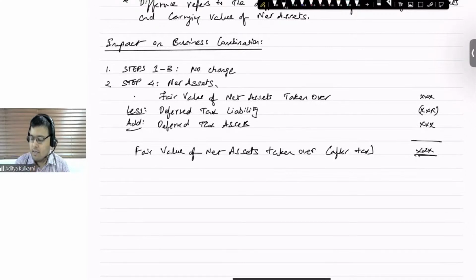Now tell me step number 5, NCI. Will it change or will it not change because of this?